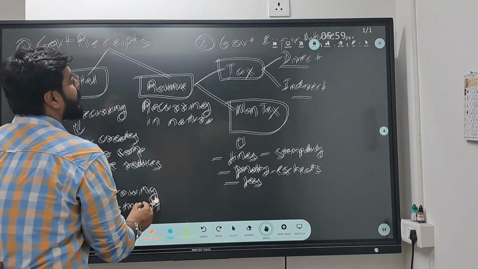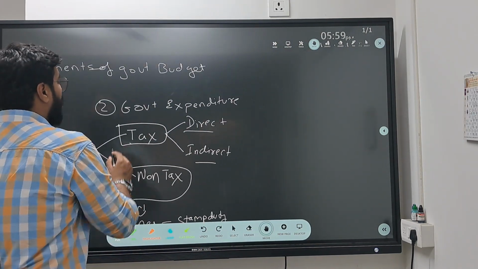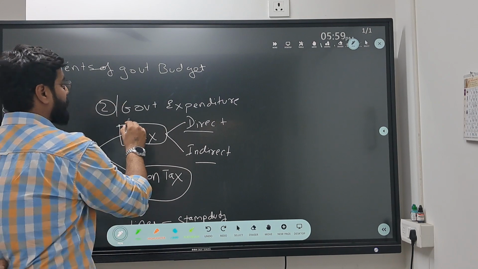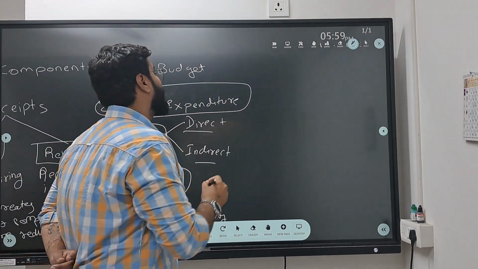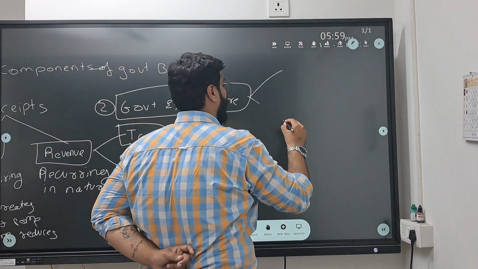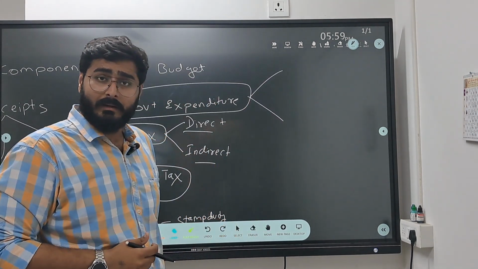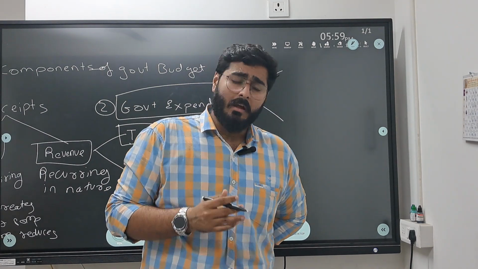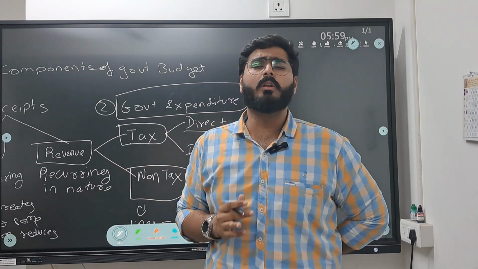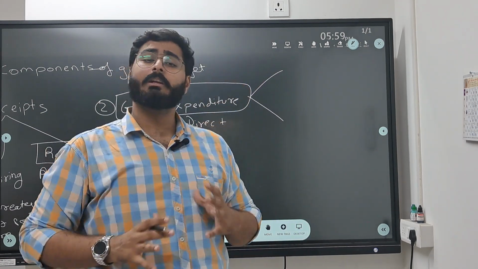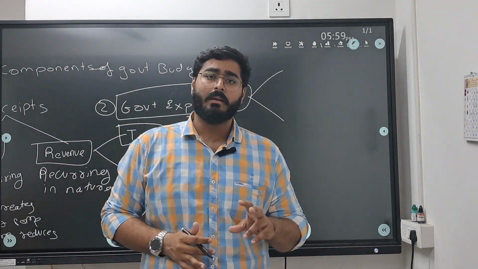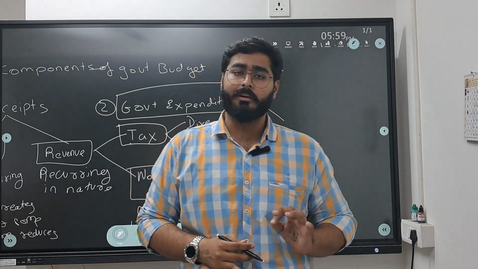Now let's come back to government expenditure. Government spends money for development and non-development. Earlier, the role of government was limited, only up to two things. One is maintenance of law and order.